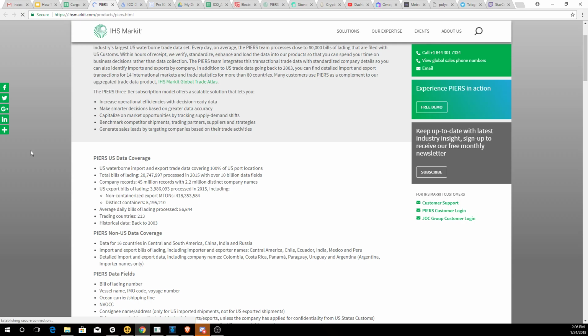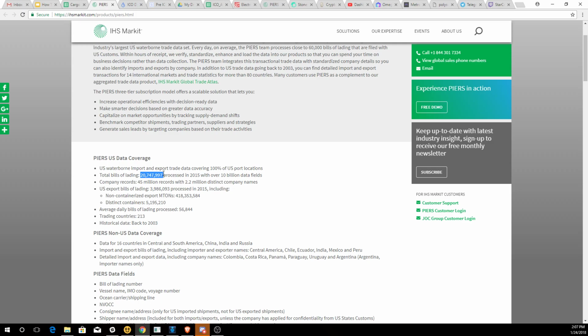So in order to understand the market potential that CargoX is tackling and what type of token appreciation we could expect from CargoX, right here we have to know what the potential market is. In the US alone, in 2015, there were 20,700,000 bills of lading processed.